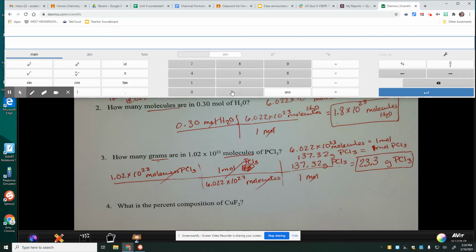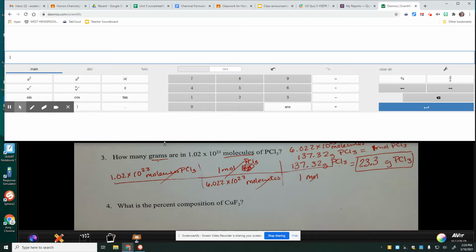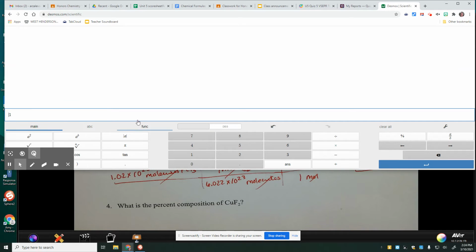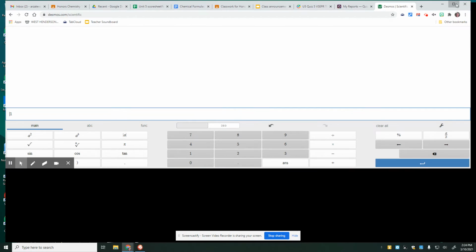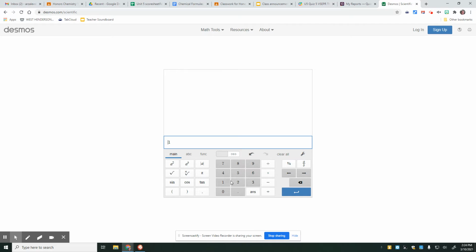So I'm going to start with one. Whoops, I need to probably put parentheses. Let me go back. And let's put parentheses, which are, if I can get these off of here. Here we go.